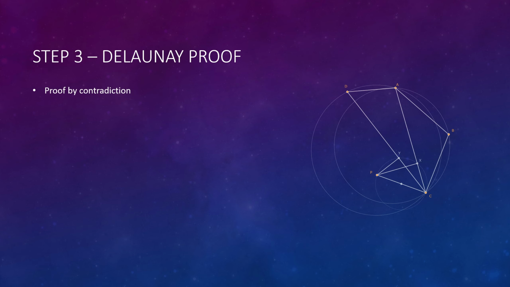In the third and final step, we need to prove that the configuration that we obtain after a sequence of flips that stopped is indeed a Delaunay triangulation. We're going to prove by contradiction. So let's assume, for the sake of contradiction, that there is a point P which lies inside some circumcircle of a triangle delta.